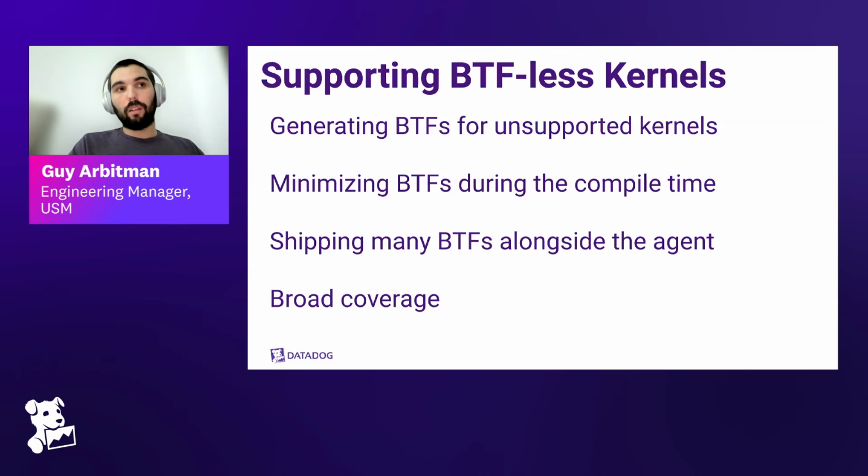For example, every time we are releasing a new agent release, we are generating or pulling all BTFs for all known BTFs as of today. So if tomorrow there is a new Linux patch for 4.14, our older versions would not have BTFs for that kernel. For that, we still need the runtime compilation and offset guessing as a fallback mechanism.